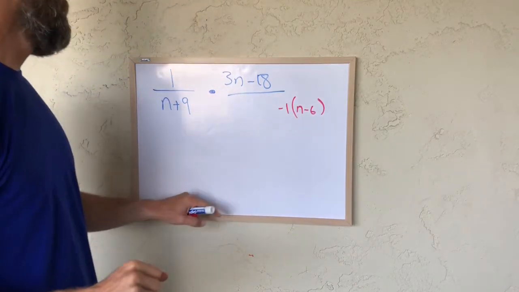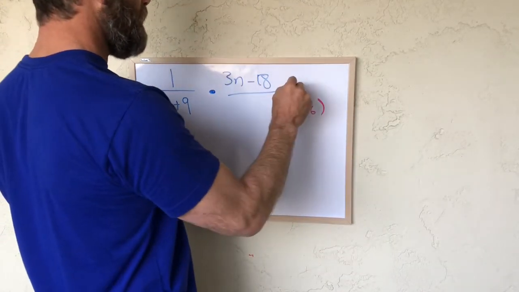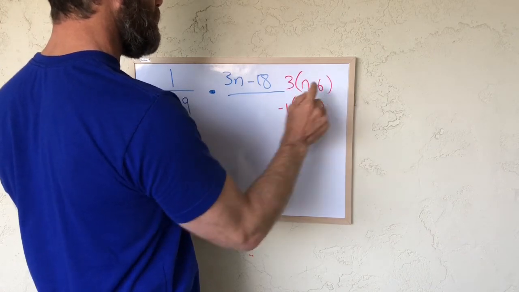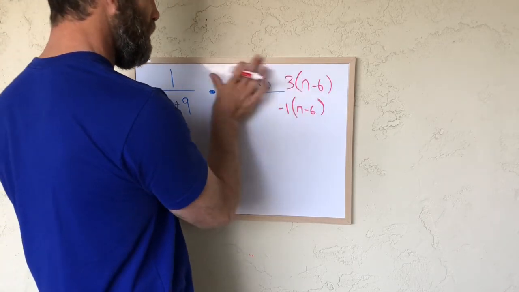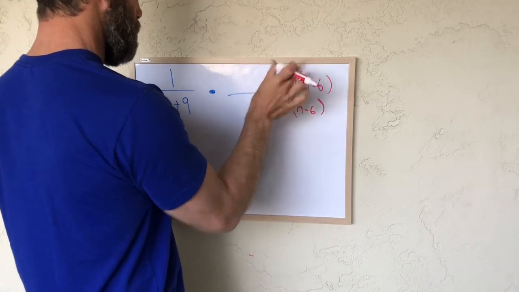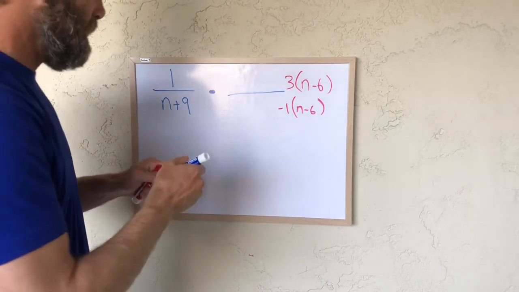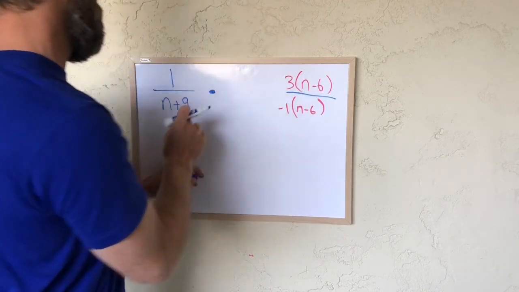All right, now let's factor this. 3n minus 18, I can factor out a 3, giving me n minus 6. 3 times n is 3n, 3 times negative 6 is negative 18. Okay, now I'm ready to go. I'm going to clean this up.